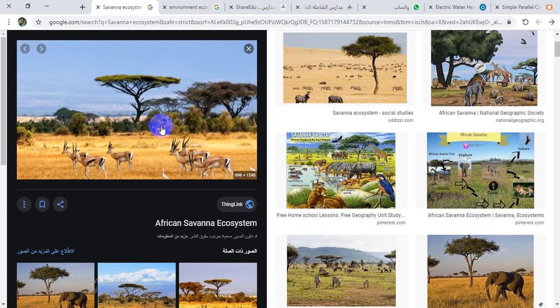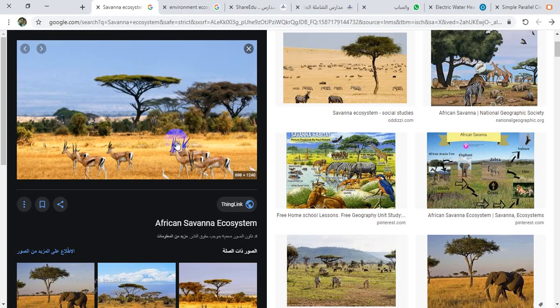So in each big ecosystem, you will find smaller ecosystems, like the tree. The tree is an example of a smaller ecosystem, because here you can find some insects and small animals that live inside this tree, and birds that build nests on the branches of the trees. So this is the smaller ecosystem.